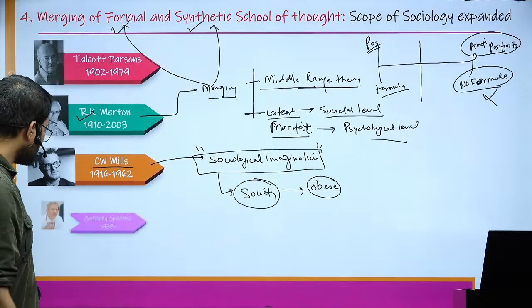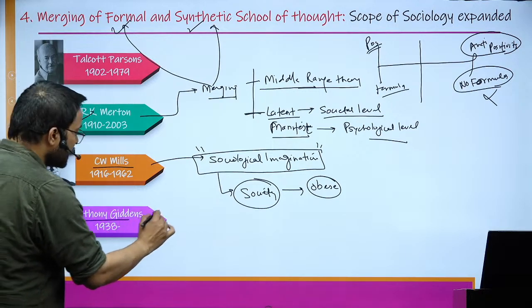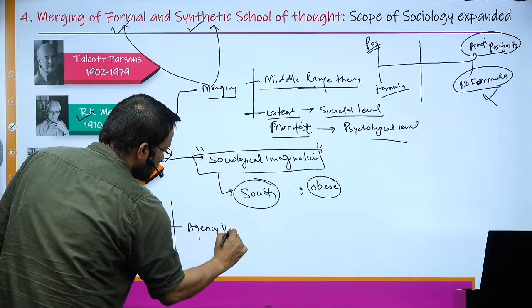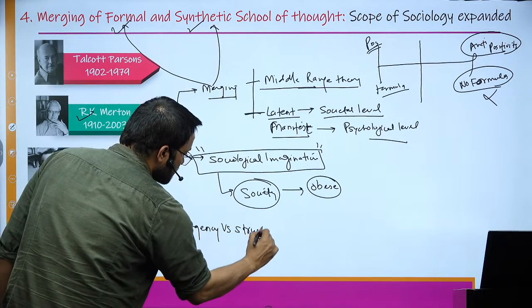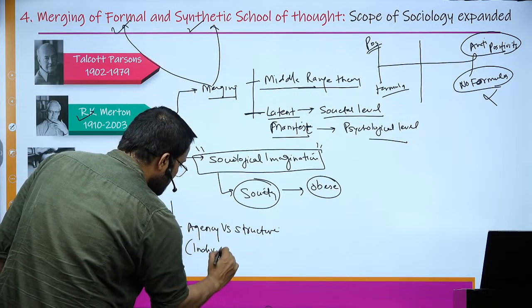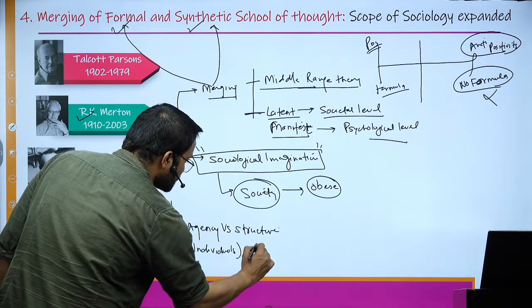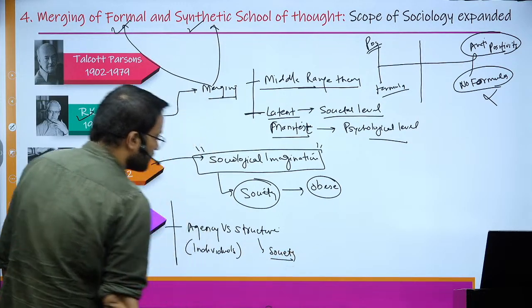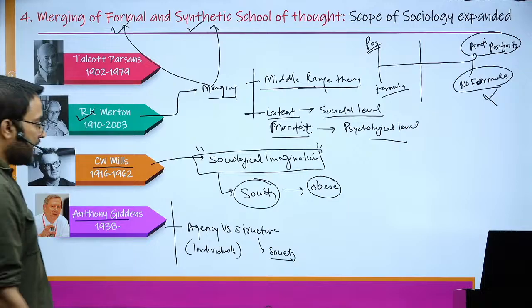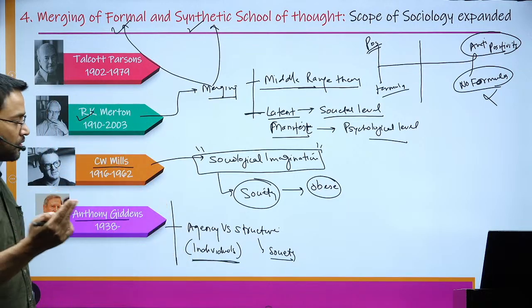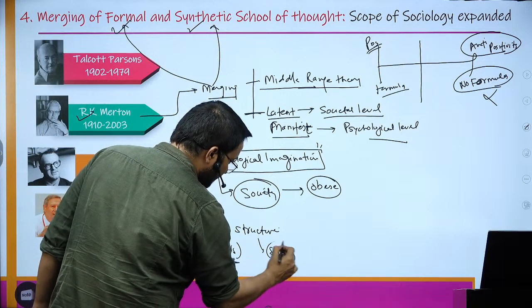Then we have Anthony Giddens. He also used the words agency versus structure. Agency means individuals, while structure means society. The question is whether you behave only as per your individual factors, or as per societal factors.